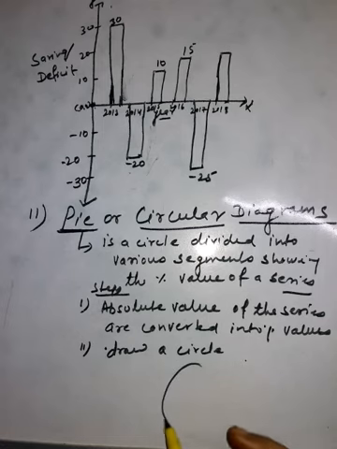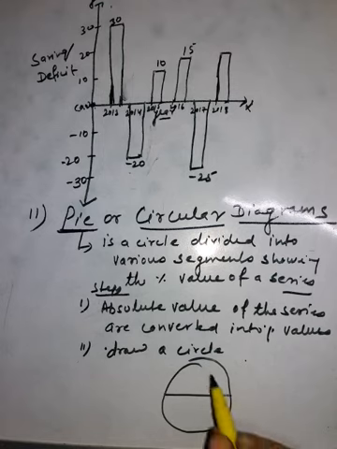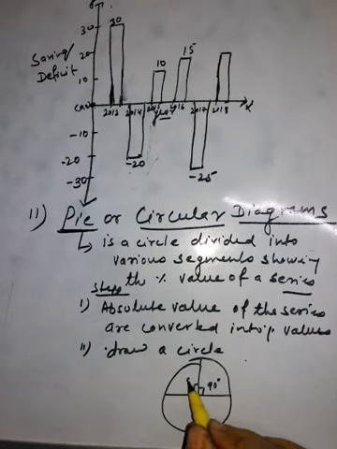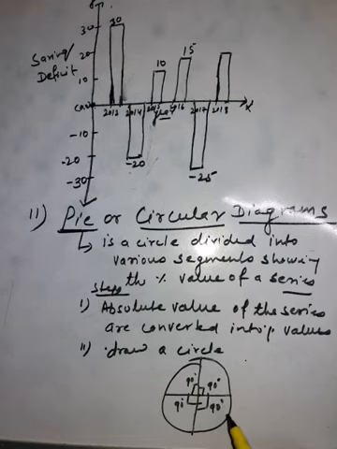Suppose here is the circle, and this circle, students, is divided into 4 segments, and this angle represents 90 degree, here will be 90 degree, here will be 90 degree, and here will be 90 degree.